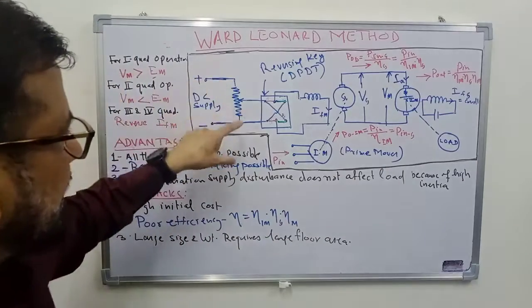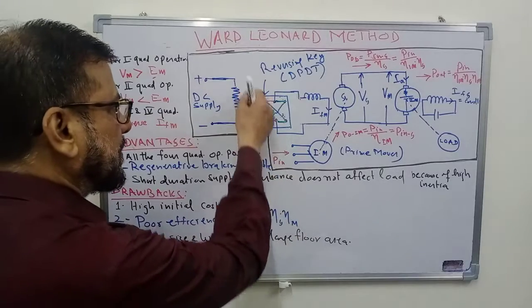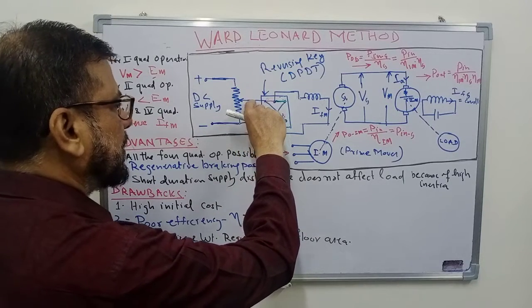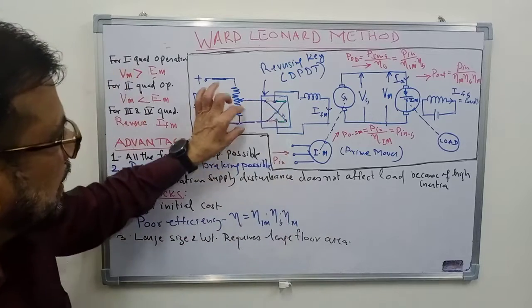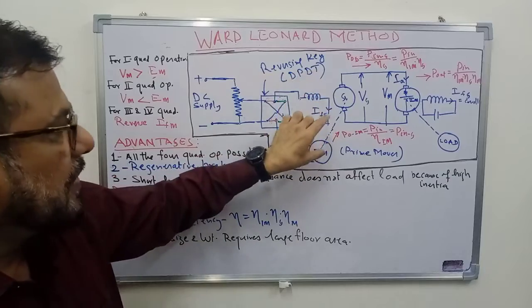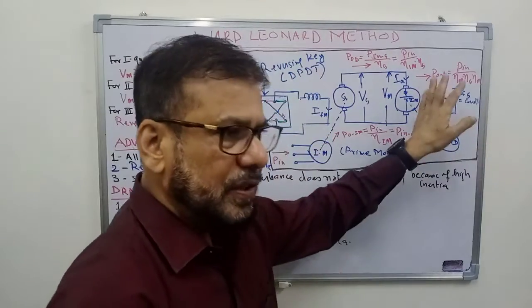So the rheostat is there and we have made it a potential divider. The variable point is moved here and that will vary the voltage across these terminals. So by varying this, the field current of the DC generator will be varied and that will affect the speed control of this motor.